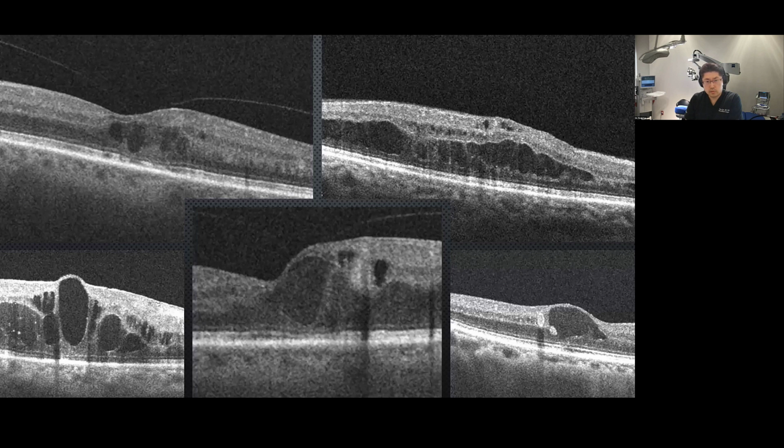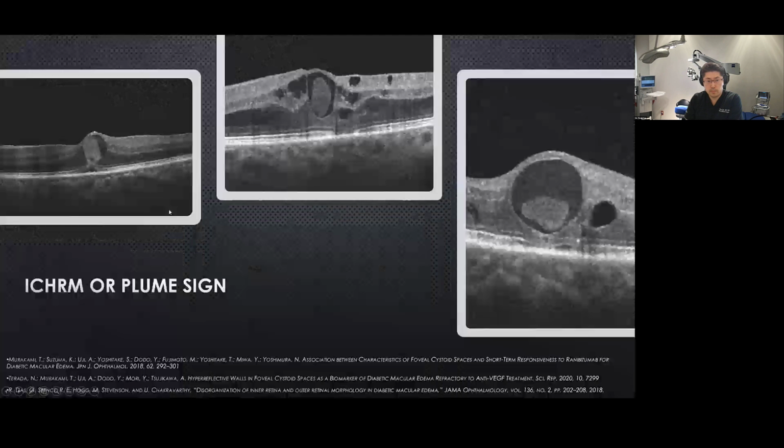The size of the intraretinal cyst, more than 200 microns, the location of the cyst, the orientation, the structures adjacent to the cyst, the content in the cyst, presence of microaneurysms adjacent to the cyst, hyperreflective foci, and the abnormality of the diabetic vitreous and diabetic choroid pathology all play a role in the patient outcome and response to treatments.